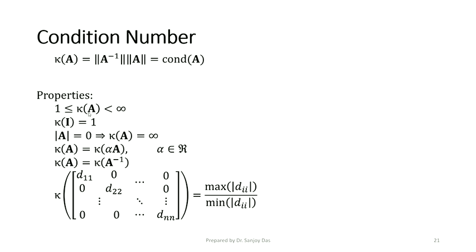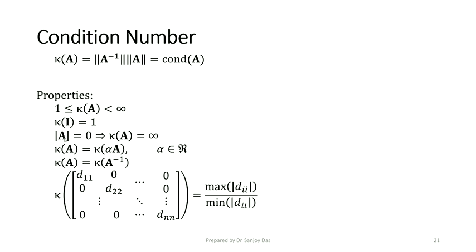The condition number lies between 1 and infinity. And the lower the condition number, the better is the matrix. The condition number of the identity matrix is 1. That's the lowest you can get. And this is the best possible condition number.